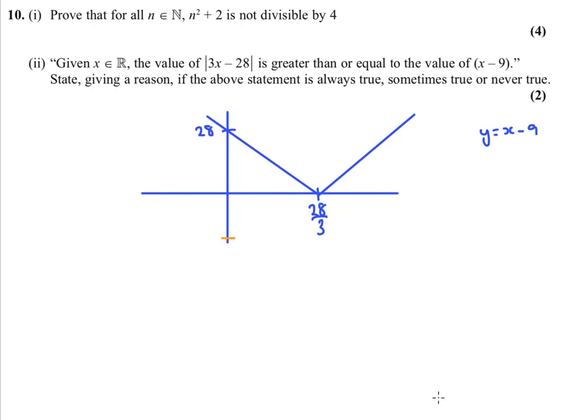So if I mark minus 9 on here, this is going to cross the x-axis at positive 9, and 28 over 3 is just over 9, 9 1/3. So it's going to cross the x-axis just before the blue line, which means it's going to look like this. And that's really, really important to see that it's going to cross the blue line twice.